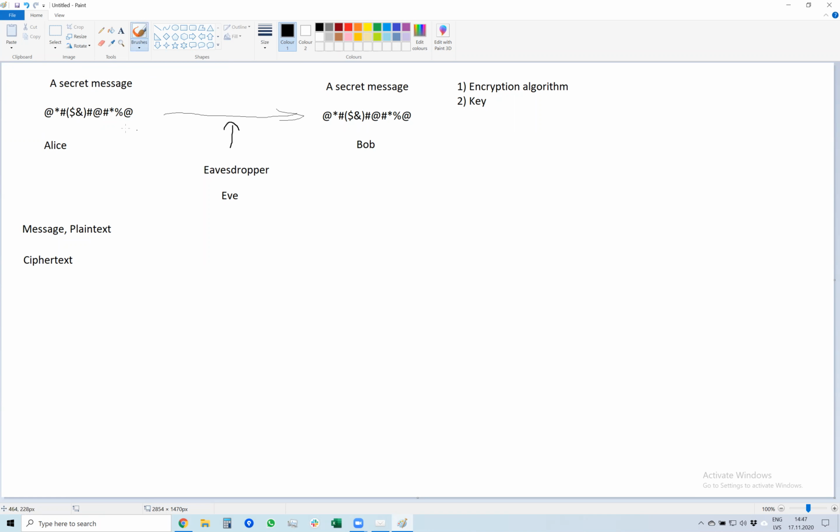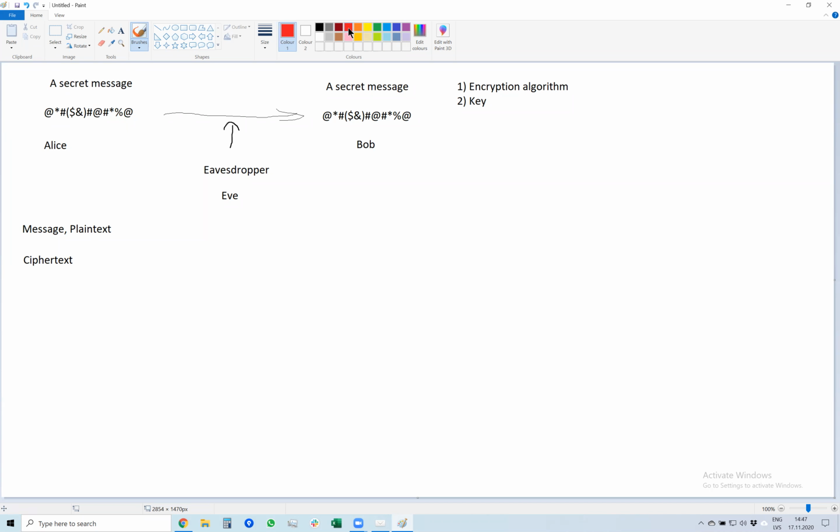So cryptanalysts just collect these messages, the ciphertext, and then they try to find some linear or maybe non-linear transformation through some statistics and algebra. And in most cases, it is actually possible to figure out the algorithm that is used.